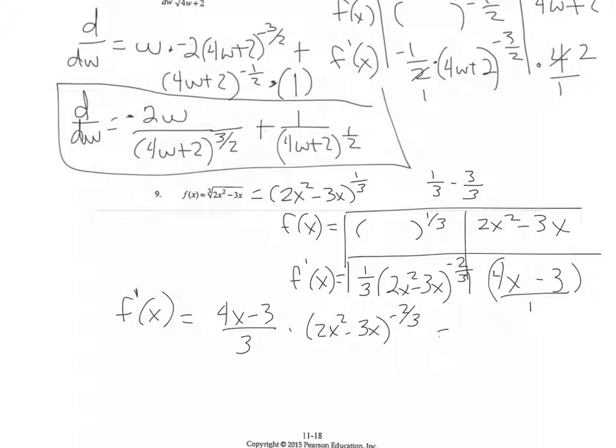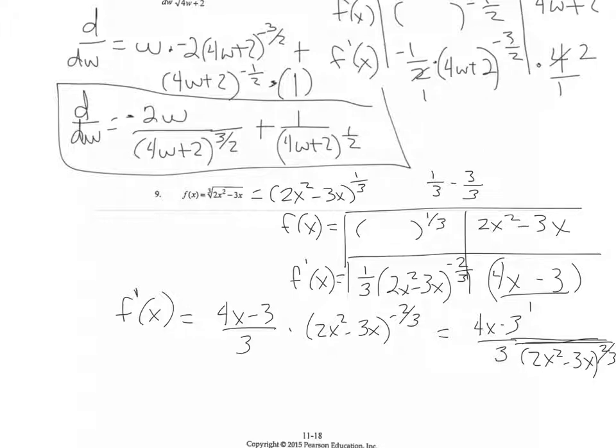If I want to rewrite that so that I end up with a positive exponent, that would be 4x minus 3 over 3. And in the denominator with that 3, I would bring down my 2x squared minus 3x, but I would raise it to the positive 2/3 power. You could also take it back into radical form, but it's okay to leave it in fraction exponent form if you wish.